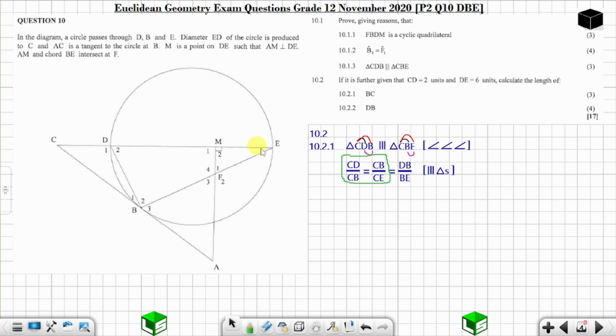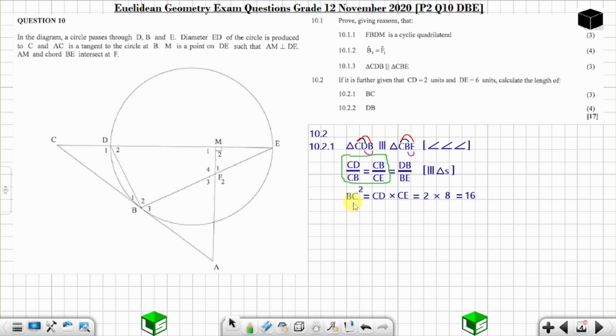Now we can cross multiply: BC times BC, which is BC squared, equal to CD times CE, which is 2 times 8, equal to 16.